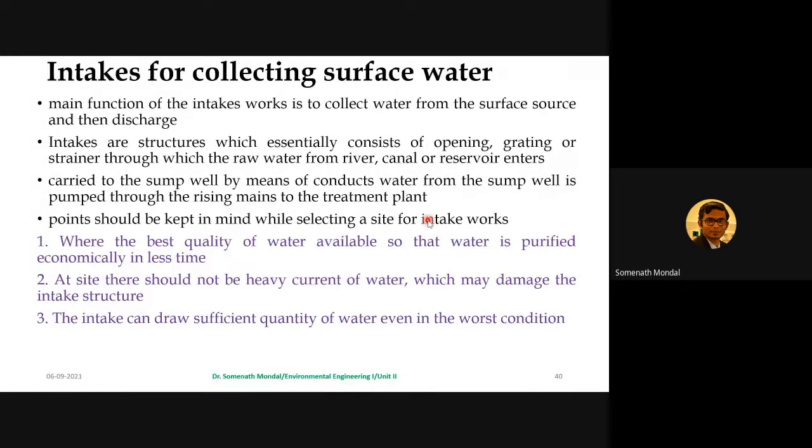So the main task of intakes is basically to collect water from the source and then send it to the treatment plant. Intakes are structures which essentially consist of an opening, grating, or strainer through which the raw water from the river, canal, or reservoir enters and is carried to the sump well by means of conduits.